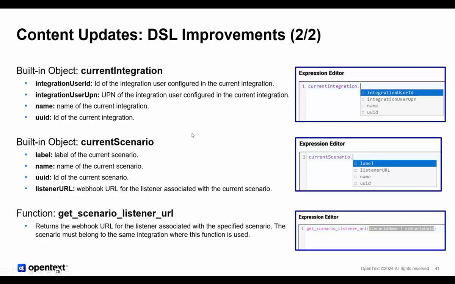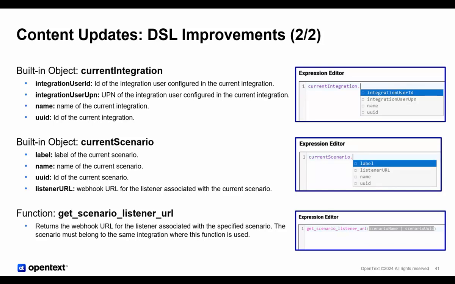All right. And then additional improvements for the dynamic script library. We've got 2 new objects in the expression editor. So current integration is now an option, and that now exposes the integration user details, either the ID, the UPN, but also the name or the ID of the integration itself.